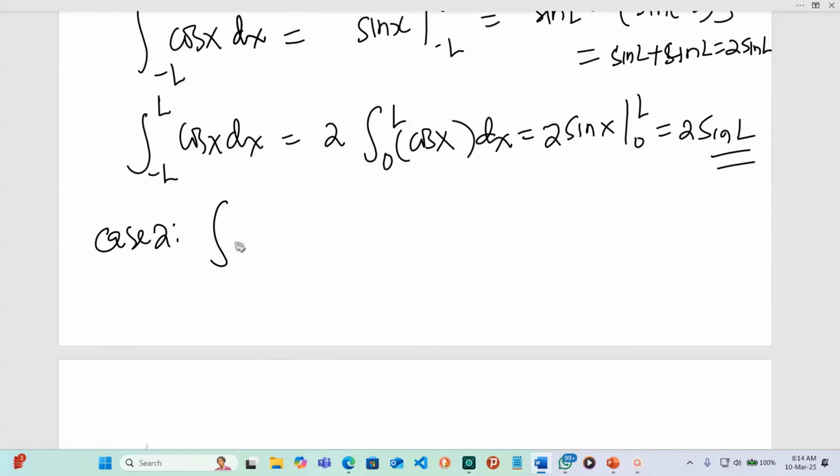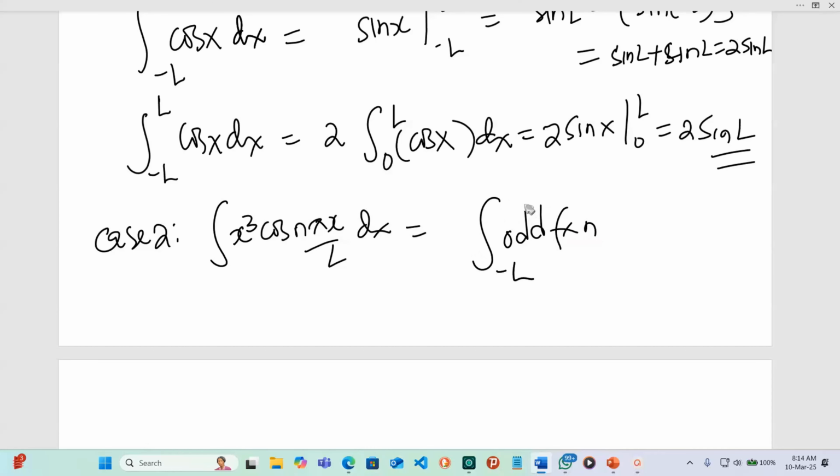If we were integrating an odd function, let us assume we had x cubed times cos n pi x over r with respect to x, maybe we are calculating a sub n. So you'll find that we are integrating an odd function from negative r to r with respect to x.